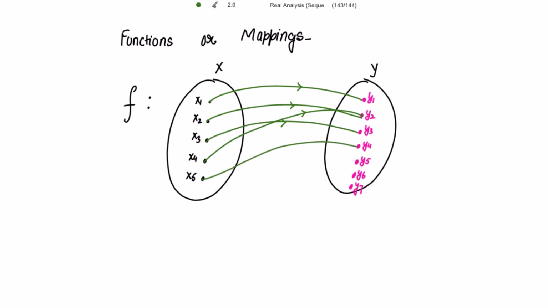So these y1, y2, y3, y4 are the images of the elements belonging to X with which they are associated. So here, what is y1?